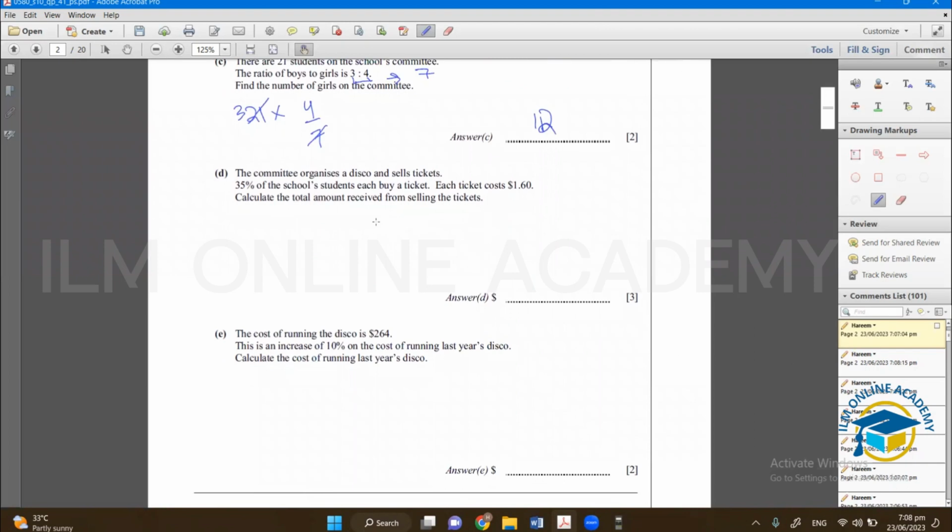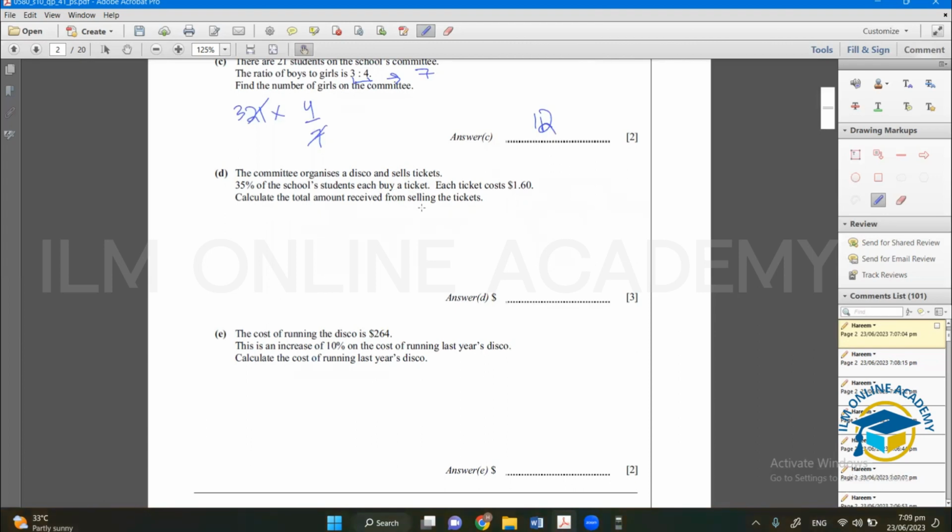Now coming to part D: the committee organizes a disco and sells tickets. 35% of the school students each buy a ticket.